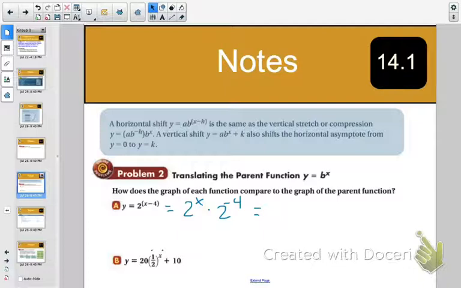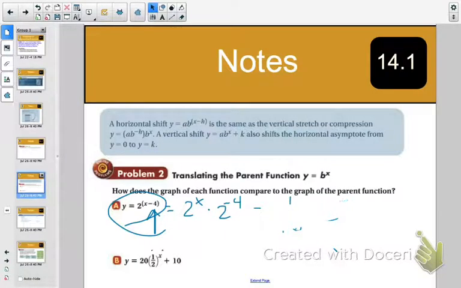Or you could think of it as 1/16 times 2 to the x, a compression. This would be shifting right 4 because it's always opposite when it's with the x. So it's shifting right 4, or you could say that it's vertically compressed by a factor of 1/16. Obviously the shift is going to be easier to think about, so it's probably the best one to go with.